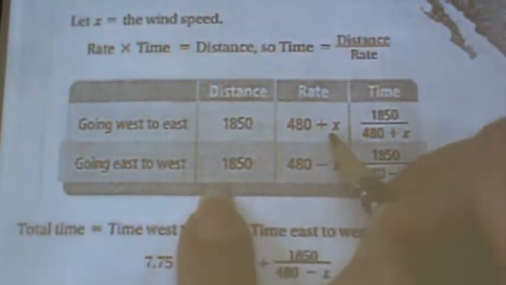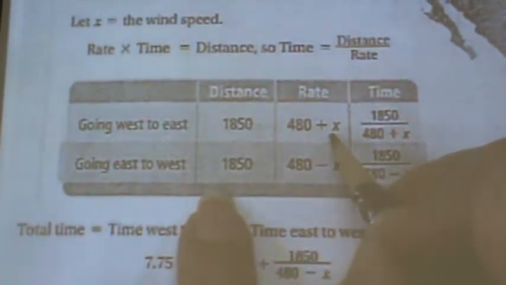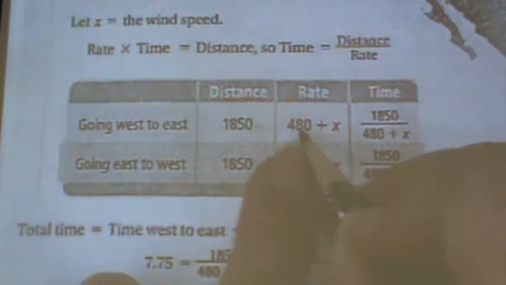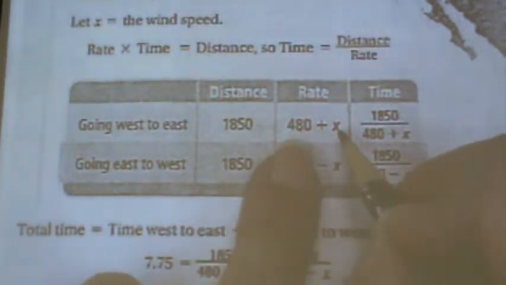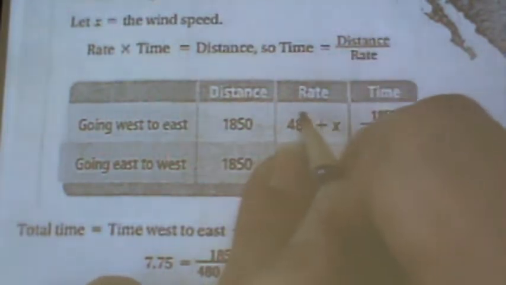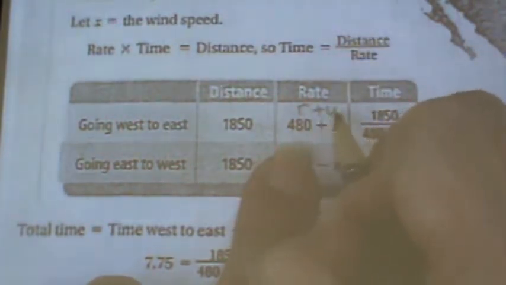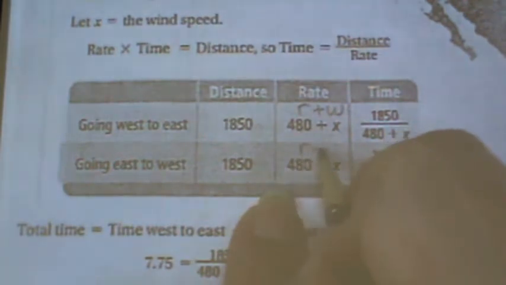But going west to east, you go faster, so it's 480, that's the plane speed, plus the wind speed. Instead of X, I like to use W for wind speed and R for the speed of the plane. So this would be R plus W, and this would be R minus W.